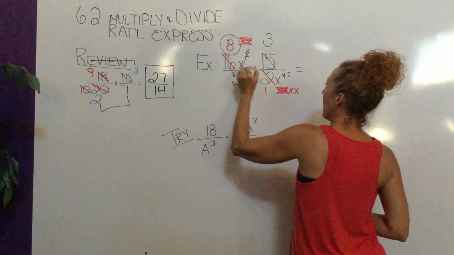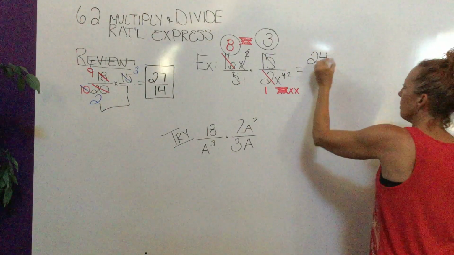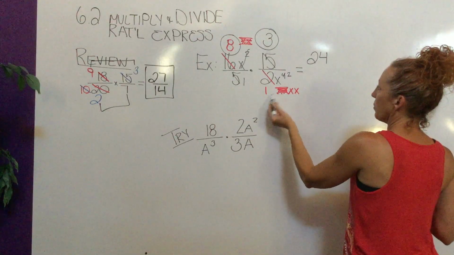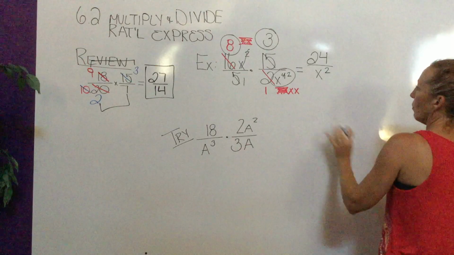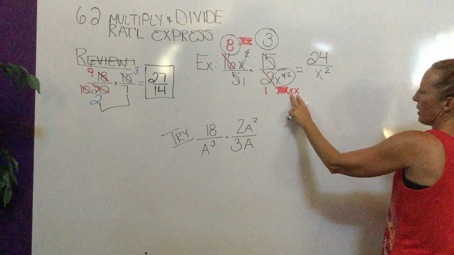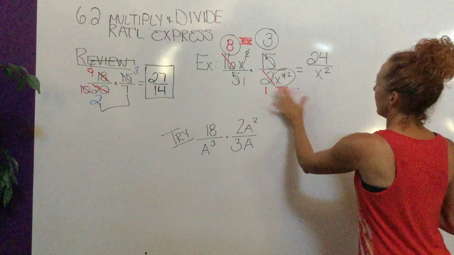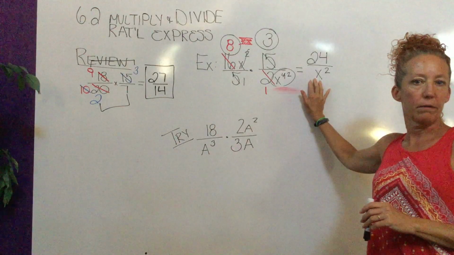I'm left with 8 times 3, which is 24. I'm left with a 1 here and a 1 there, so 1 times 1 is 1, but I've also got this x squared, or this x times x, which is x squared, written there. Don't include both, obviously. I was just illustrating. So this is my final answer here.